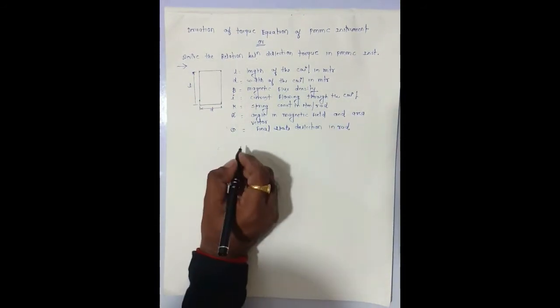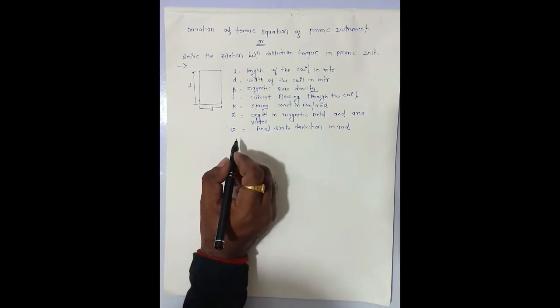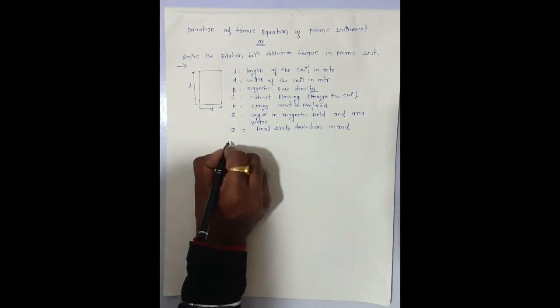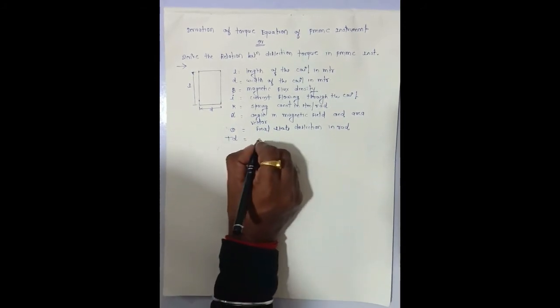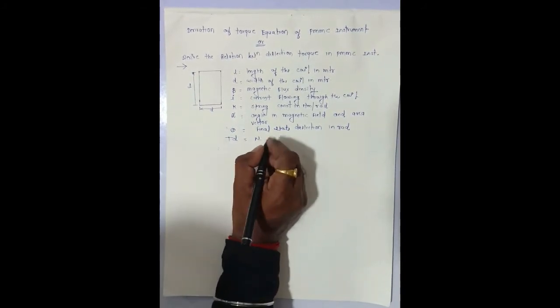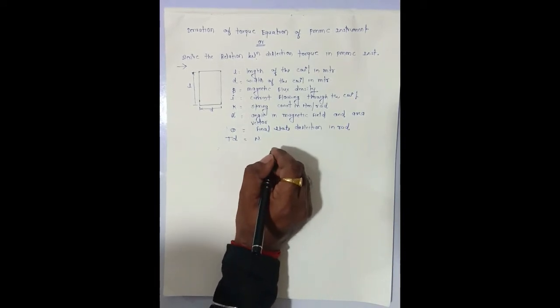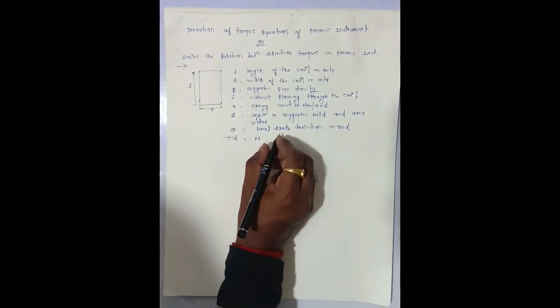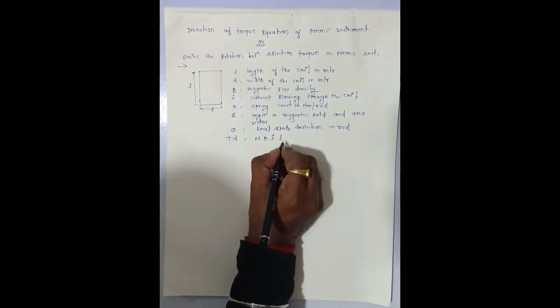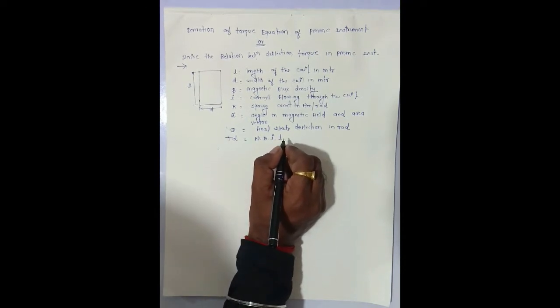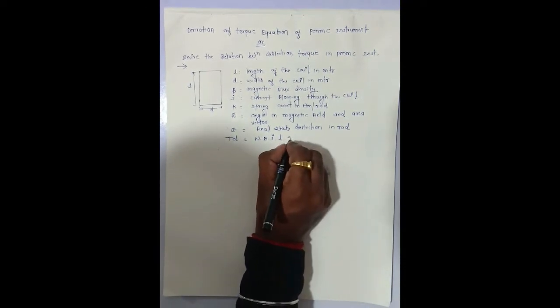So this is the derivation for the torque equation, so that TD is equal to N, the number of turns of the coil, B is the magnetic flux density, I is the current flowing through the coil, L is the length of the coil in meter, and sine alpha.